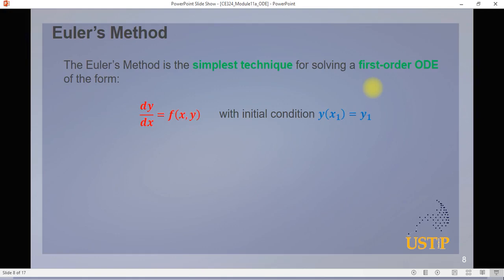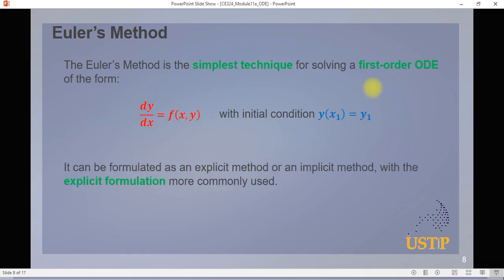So one of the methods in solving initial value problems is Euler's method. Euler's method is the simplest technique for solving a first order ODE of the form dy over dx equal to f of x and y, with initial condition y sub x1 equal to y sub 1.